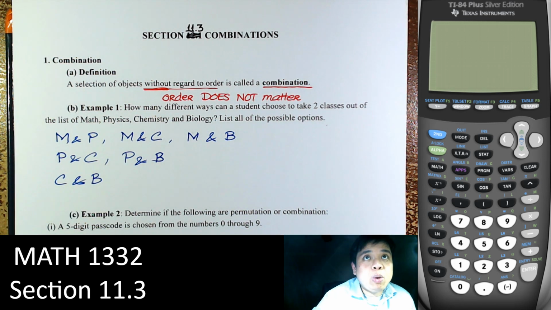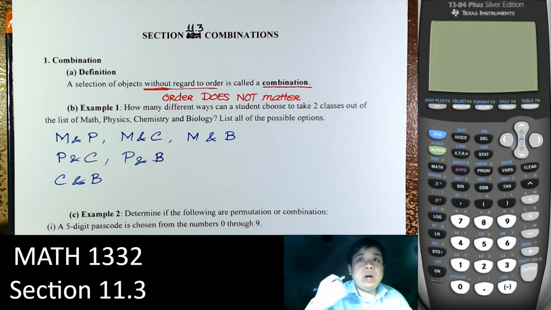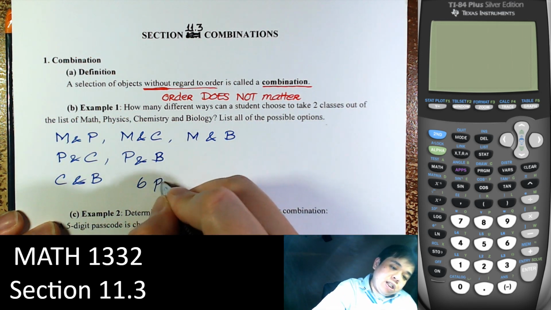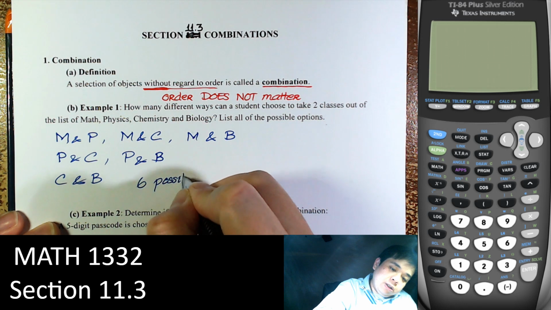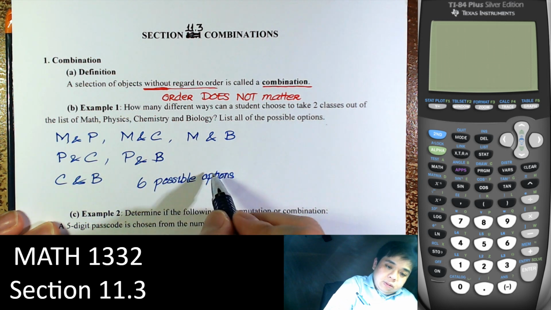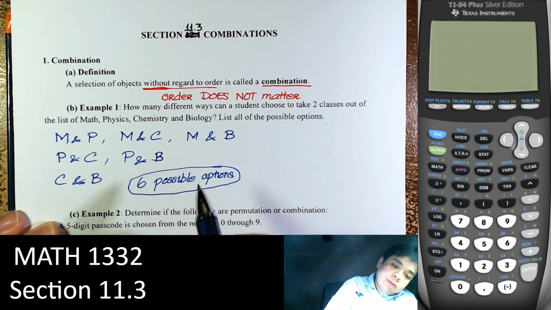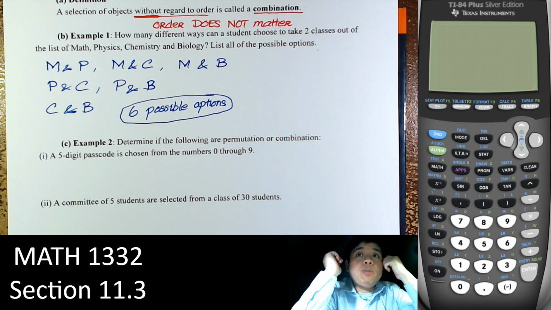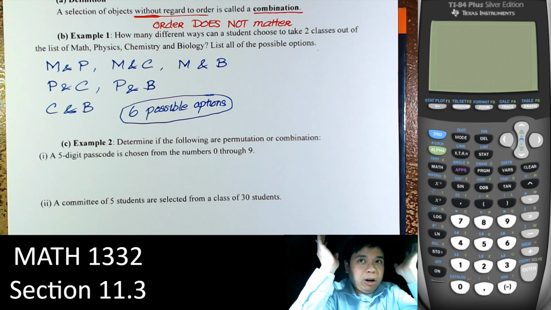So when we list like that, we see there are 6 possible ways. Once we get the formula, we'll circle back to this. But for now, we count there are 6 different ways. Up to this point, we don't have any formula for combination.